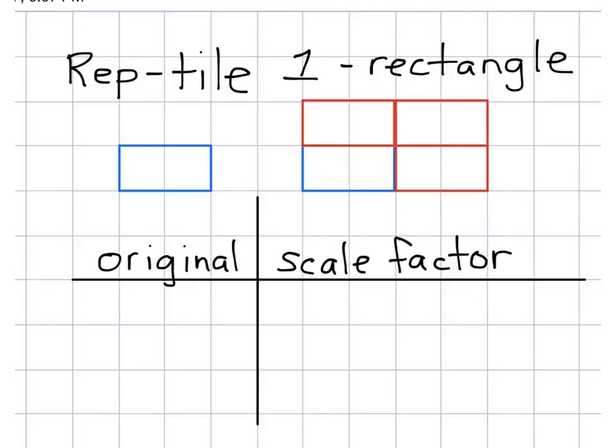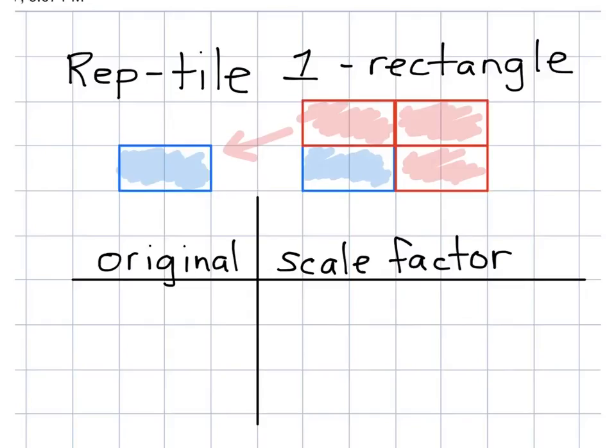So if we look at our rectangle here, if this is our original rectangle that I'm shading right now, it's a reptile because I could take that original and then copy it with itself several times to get a rectangle that's similar to the original.